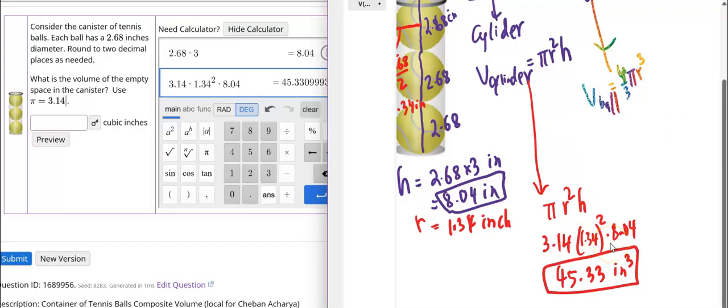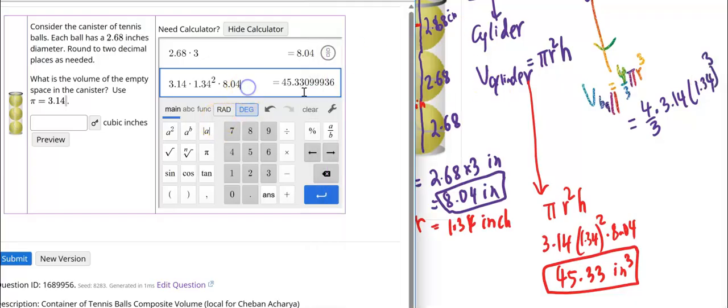Okay, so let's find the volume of the ball. When you find the volume of the ball, you first find the volume of one ball and multiply by 3, because they are all identical. So you can find the volume of all three balls. 4 over 3 times 3.14 times the radius, which we found is 1.34, to the power 3.